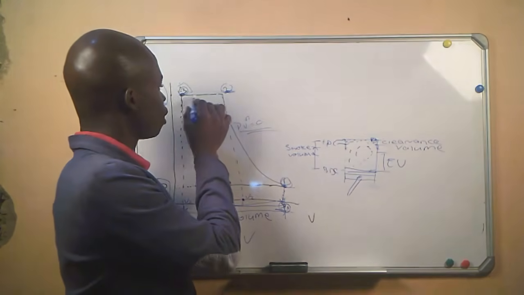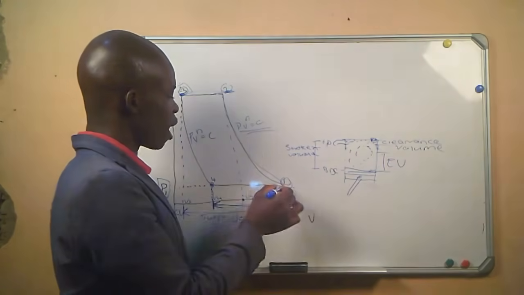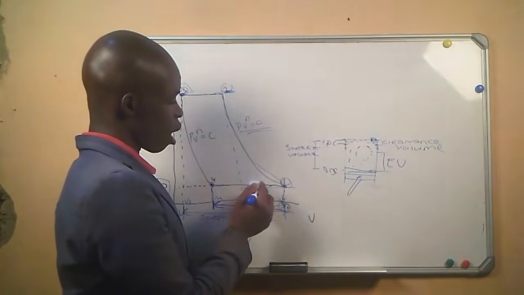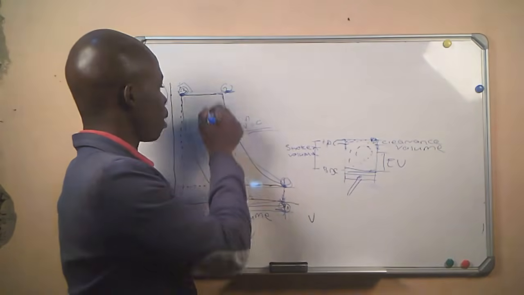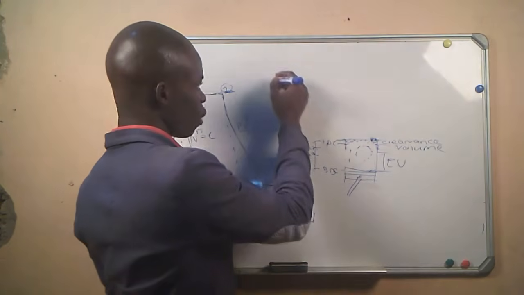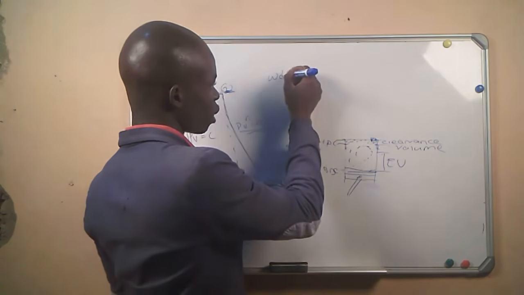A formula for work done. Work done is represented by the area covered by the graph. This area represents our work done. We have two formulas for work done.